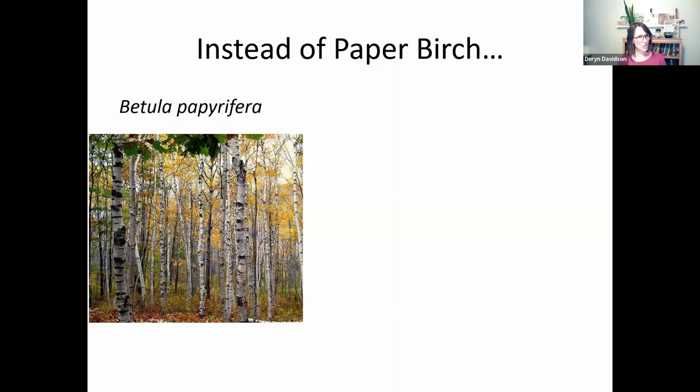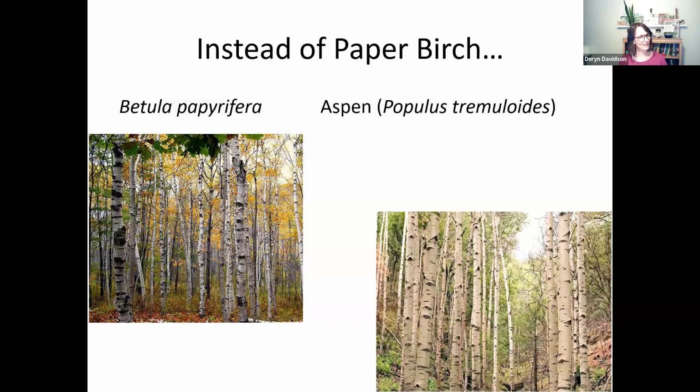Instead of paper birch, Betula papyrifera, we don't see a ton of this planted, but people do like how it looks. But we've got our native aspen, which does obviously really well here. There can be some issues with aspens at lower elevation, though I have seen some aspen trees down here that are absolutely gigantic. They're planted around condo developments, and they've been in the ground for like 30 years and they're beautiful. So it's a little hit or miss.